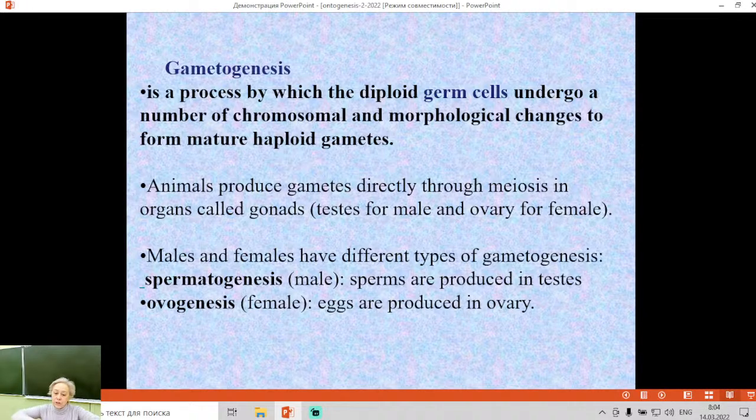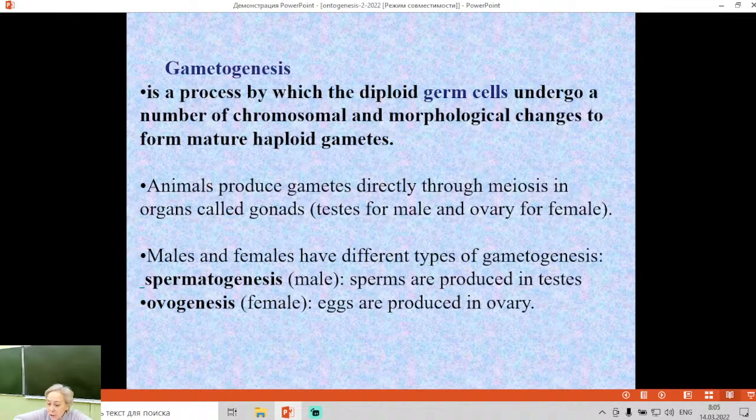And the first question, pre-embryonic period, includes gametogenesis. Gametogenesis is a process by which the diploid germ cells undergo a number of chromosomal and morphological changes to form haploid gametes.